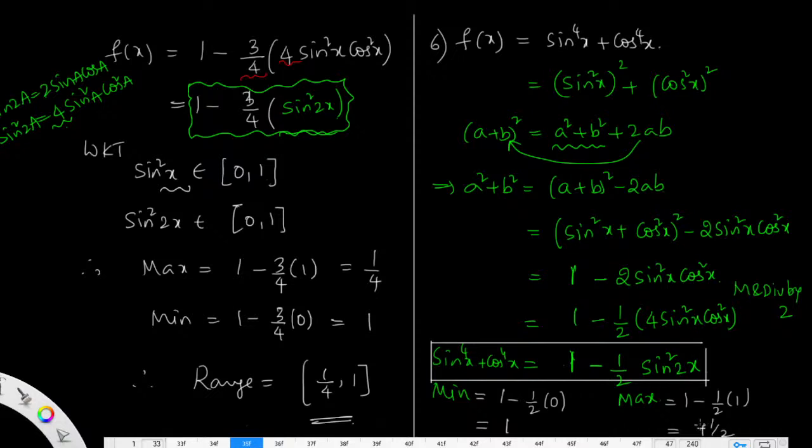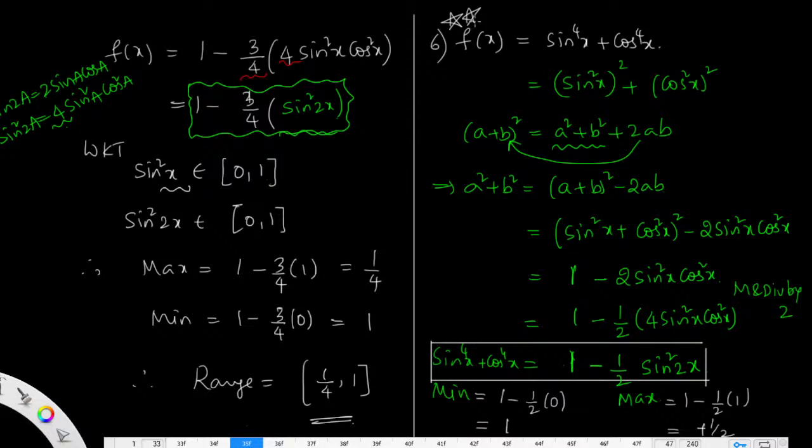The basic formula can be applied. These questions are the most important: sin power 6x plus cos power 6x, or f of x equals sin power 4x plus cos power 4x. Most important revision question. Therefore the minimum and maximum values are 1 by 2 comma 1. If it is completed, write your question.